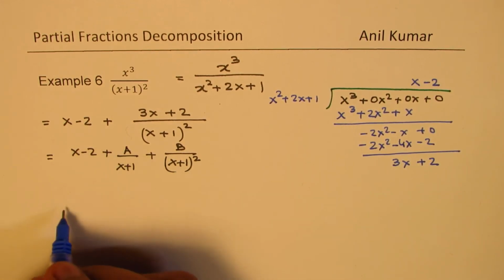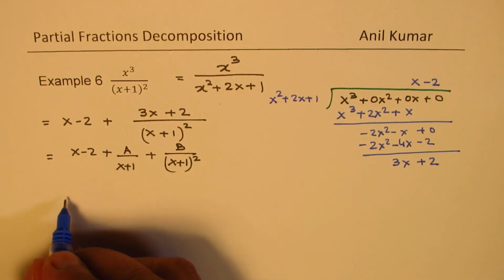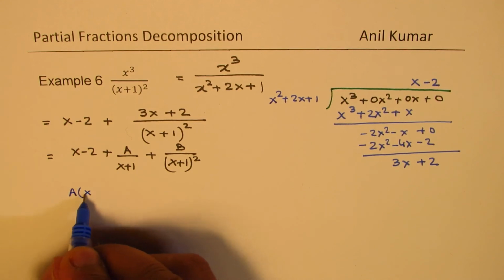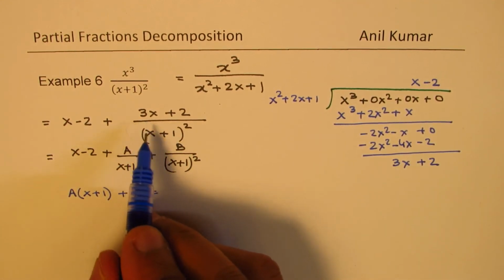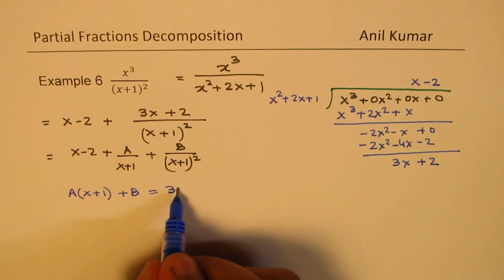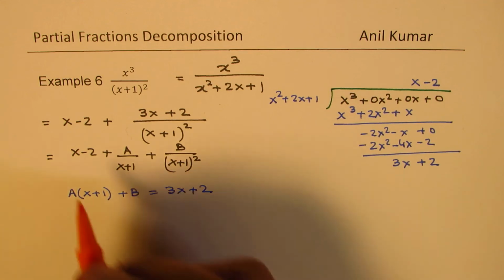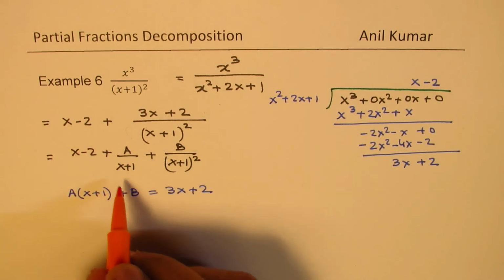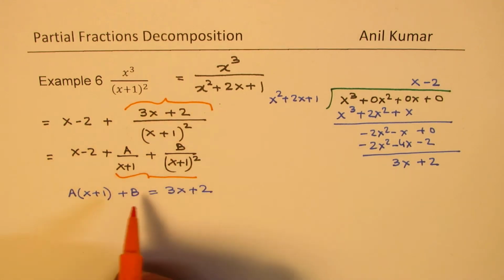So let's cross multiply. Well, (x plus 1) squared is our denominator. So we get a times (x plus 1) plus b. That should be equal to 3x plus 2, right? So I hope this part is clear. So we are just comparing these parts. Is that clear?